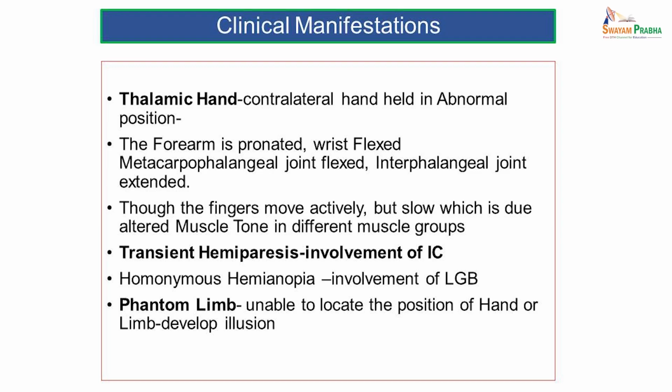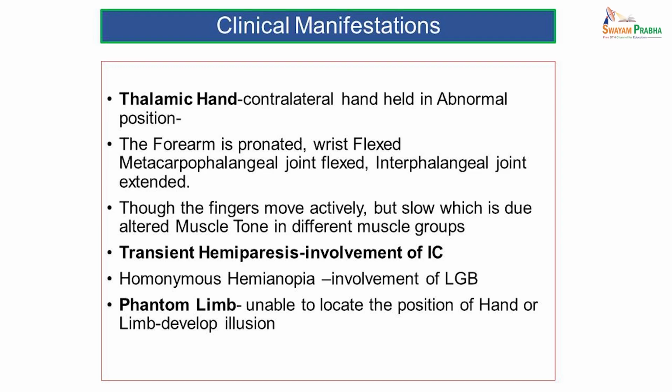Then there is a condition called the thalamic hand. In this, the contralateral hand is held in an abnormal position. The forearm is pronated, the wrist is flexed, the metacarpophalangeal joint is flexed, and the interphalangeal joint is extended. Though the fingers can be moved actively, they move slowly due to altered muscle tone in different groups of muscles.